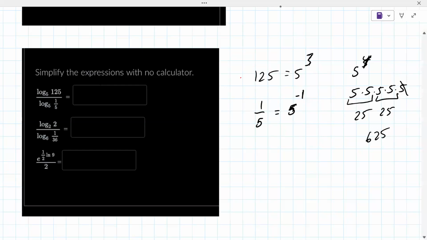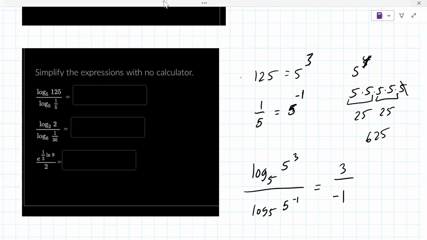So the reason that's important is because it becomes log base 5 of 5 to the power 3 over log base 5 of 5 to the power of -1. The shortcut here is that it becomes just the exponents, and that becomes -3.